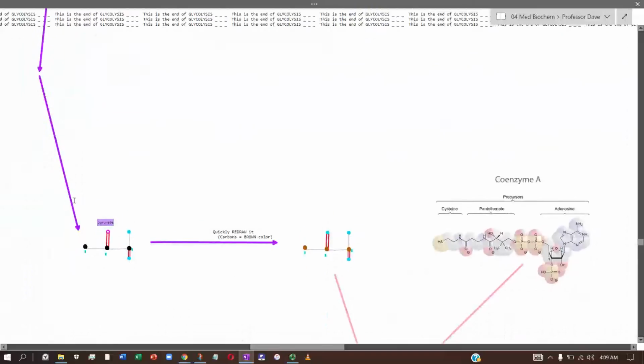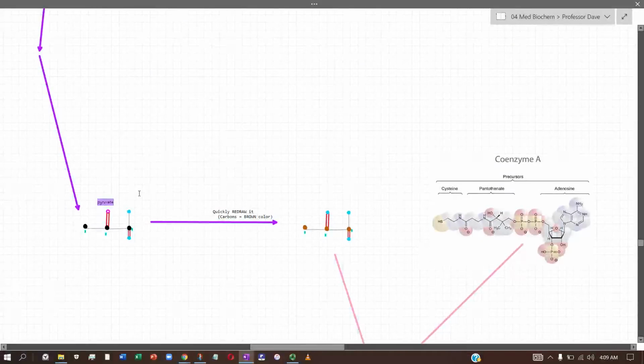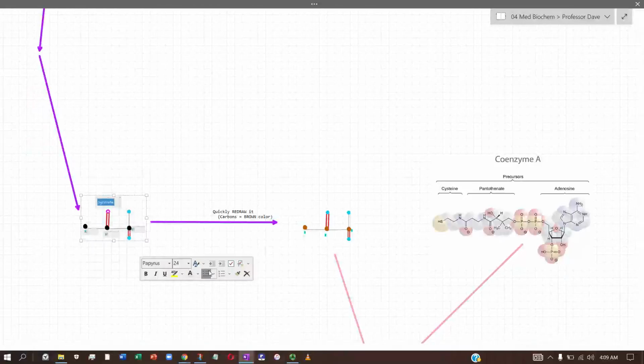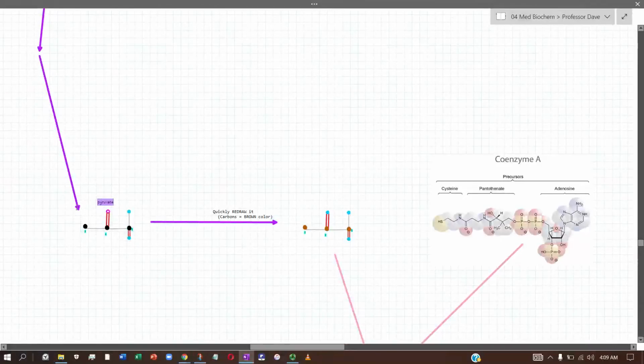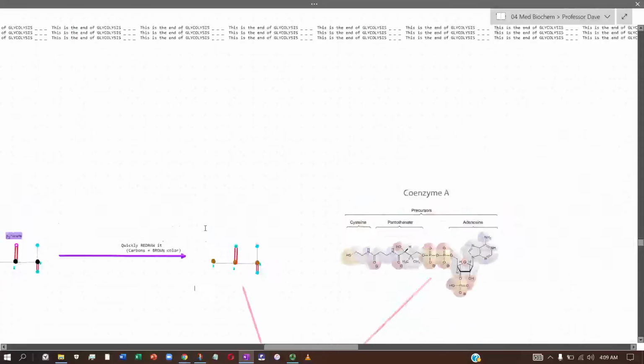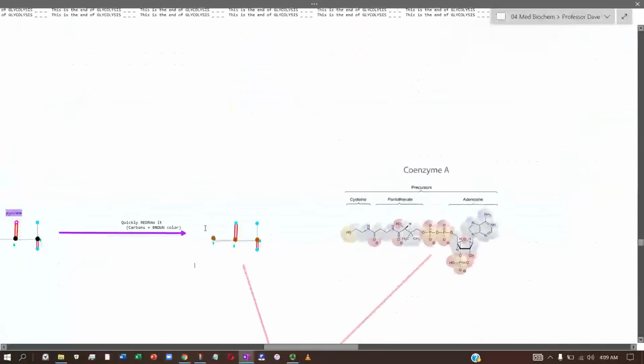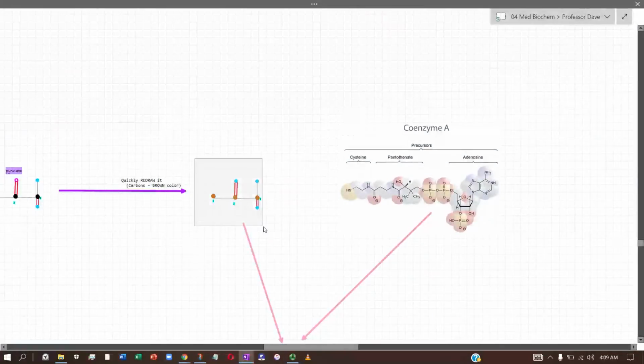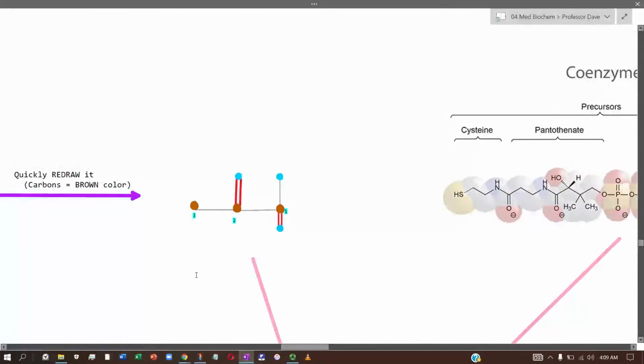So now we're getting ready to enter the citric acid cycle. Once you have pyruvate, let's go ahead and quickly redraw pyruvate. In this case, all of the carbons will be brown. In this context, they no longer represent the anomeric carbon.